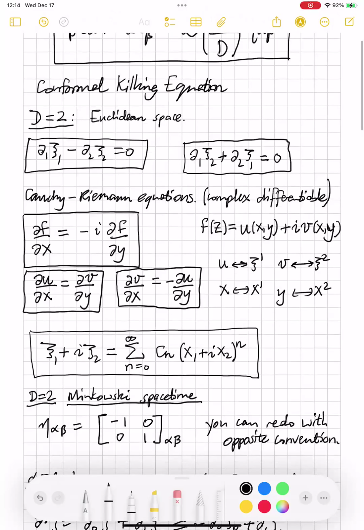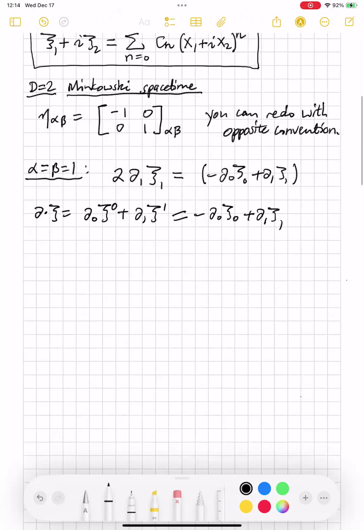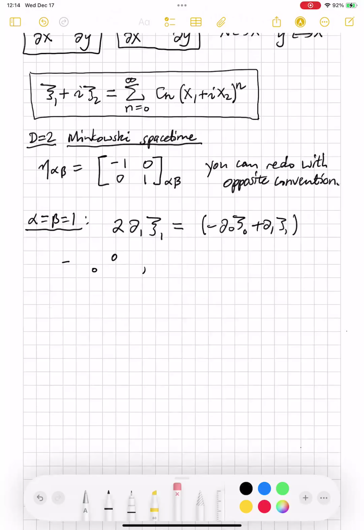Okay, I'm going to remove this divergence. We now know what the divergence is, so we don't need it. So that is the conformal Killing vector equation in Minkowski space, at least the alpha is equal to beta is equal to 1 component of this equation. You'll get the same equation for alpha is equal to beta is equal to naught. You'll get exactly the same equation.